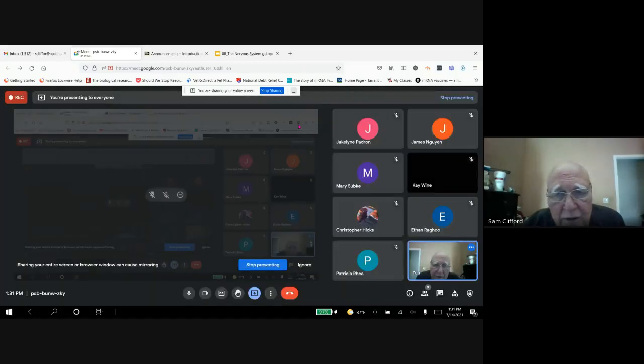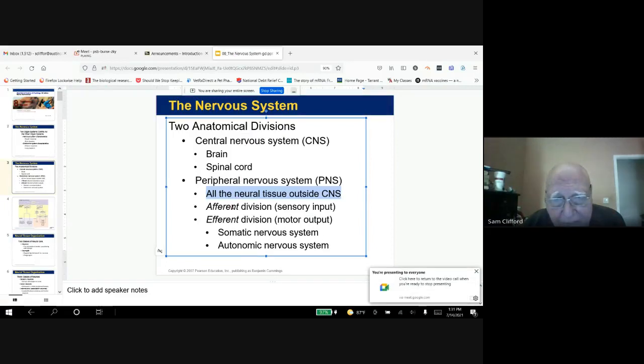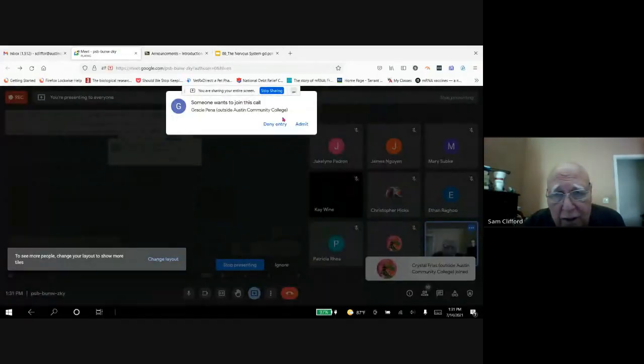So afferent means the information is carried from the exterior toward the central nervous system.